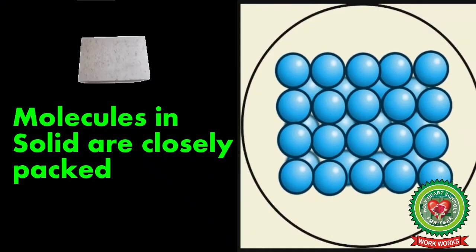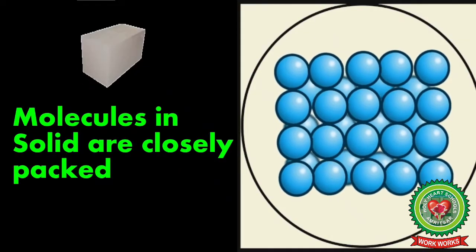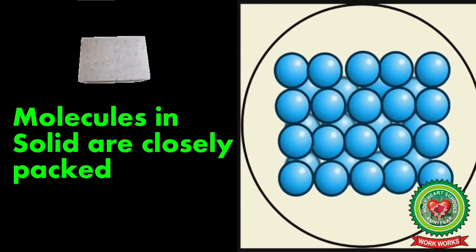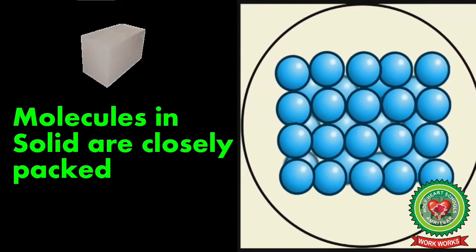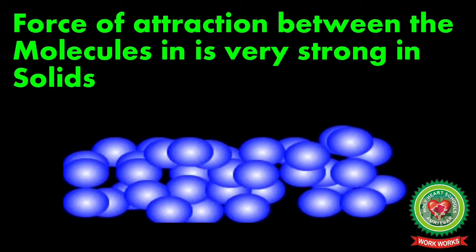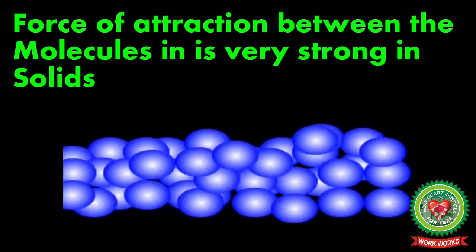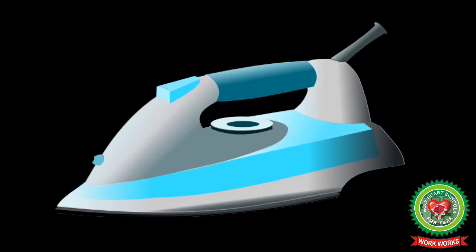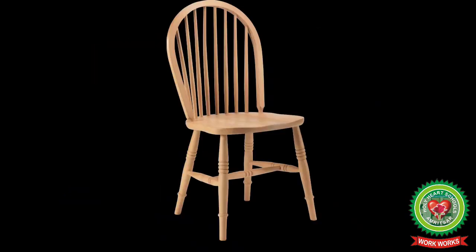So, the molecules in a solid are closely packed. They do not have space to move about. Due to this reason, the force of attraction between the molecules is very strong in solid. The examples of solid are iron, table, and chair.